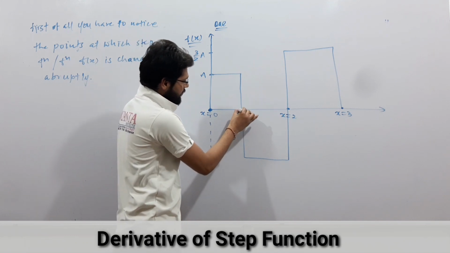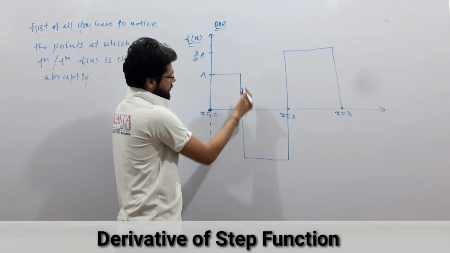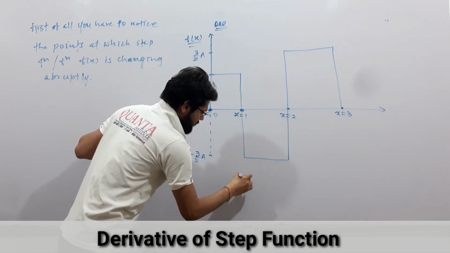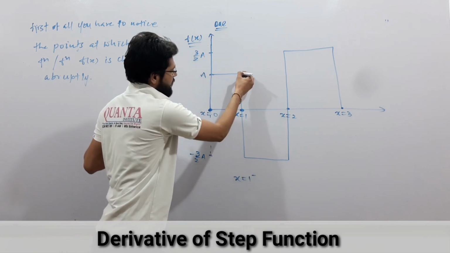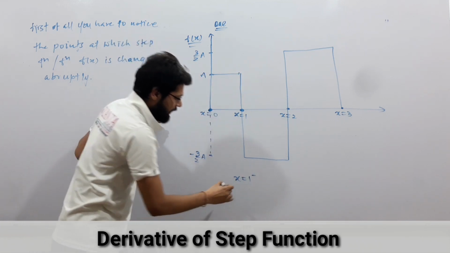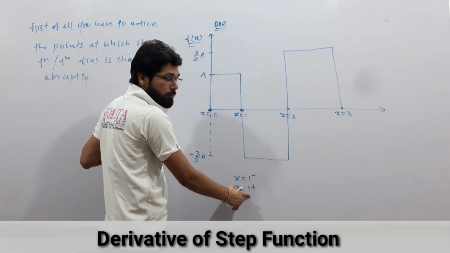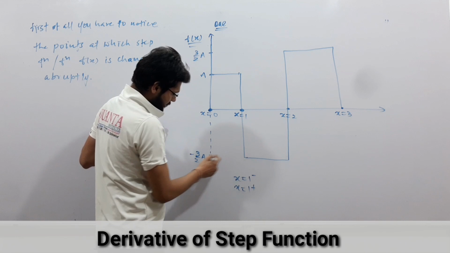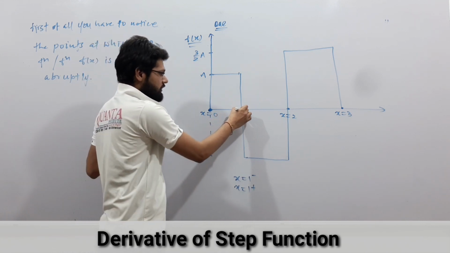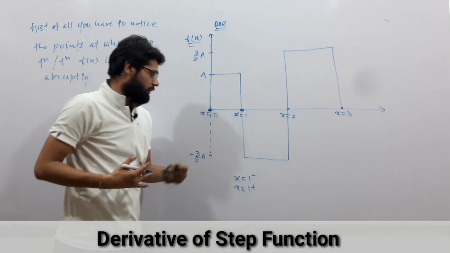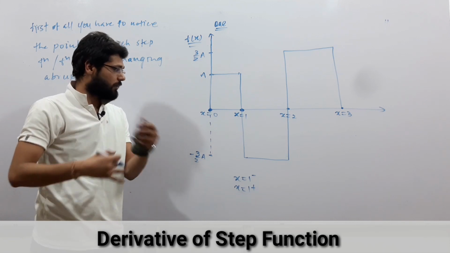And again at x equal to 1: at x equal to 1 minus its value is a, and at x equal to 1 plus it is minus 3 by 2a. So again this is a point where the step function has changed abruptly.